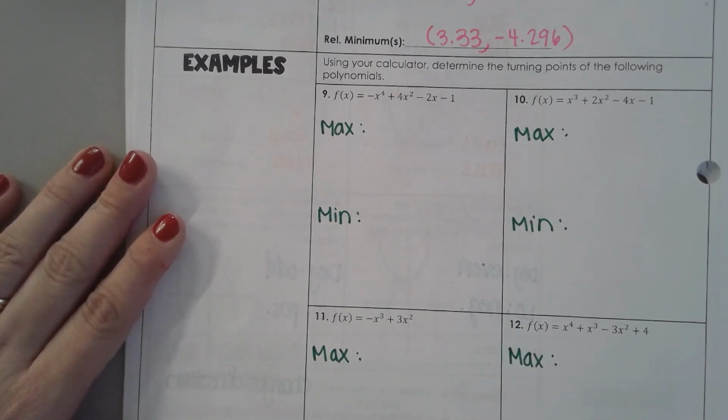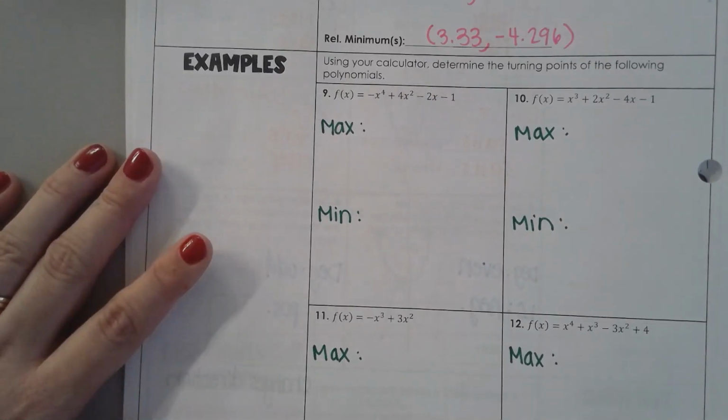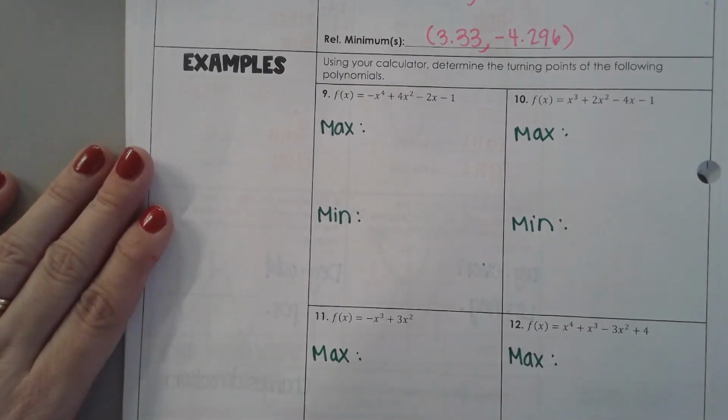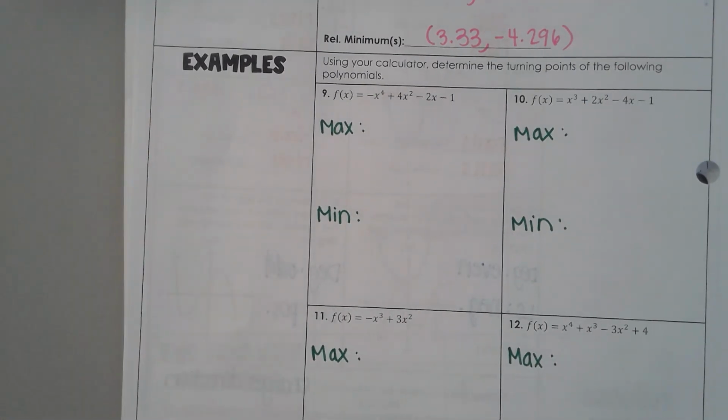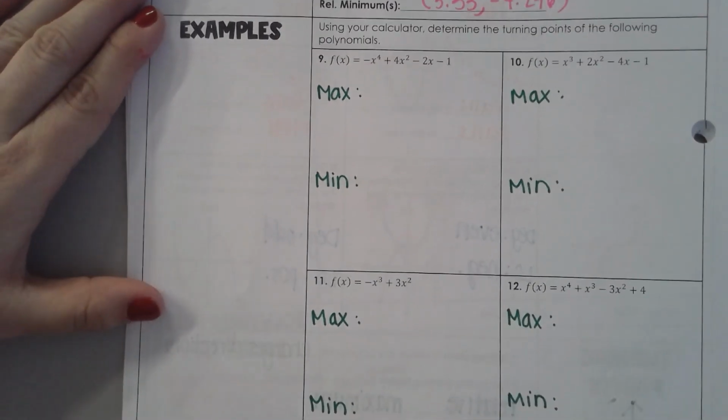Actually, these first 3 rows, you all do numbers 9 and 10. Those 2 rows over there, you all do 11 and 12. So see if you can find those max and mins.